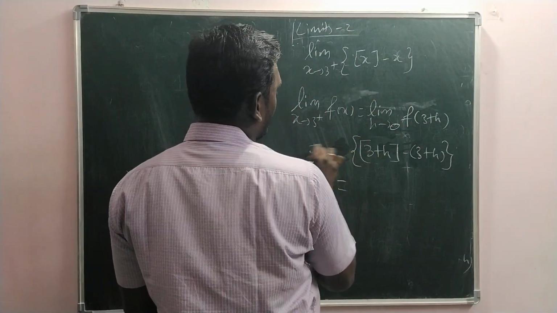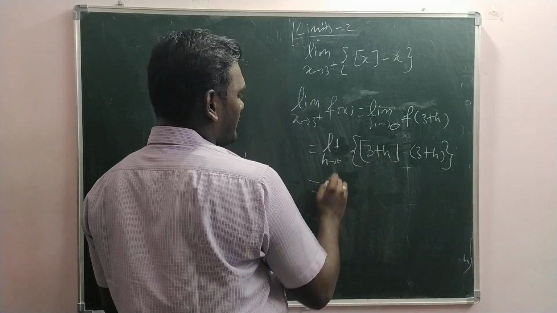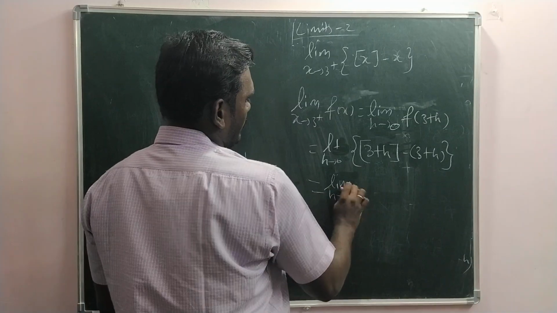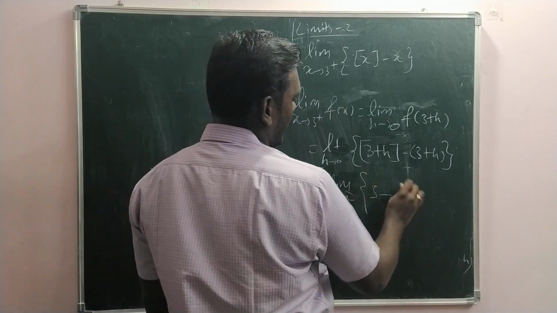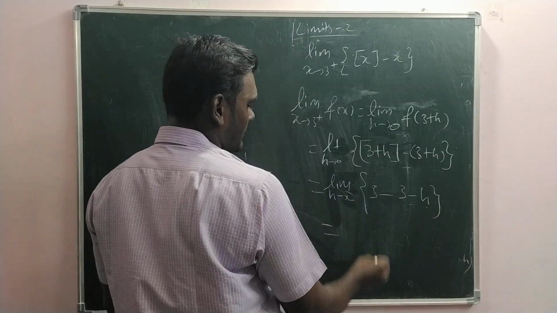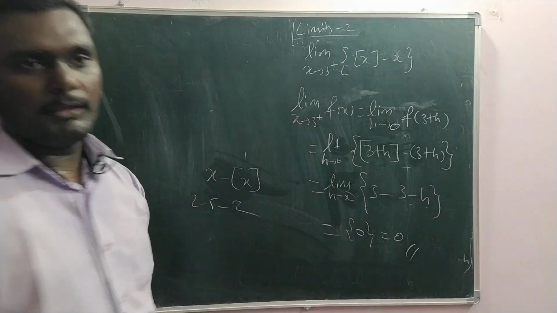Now this is limit h tends to 0, 3 plus h means we'll be getting 3 minus 3 minus h. So if h becomes 0, this is 0. That is the right hand limit.